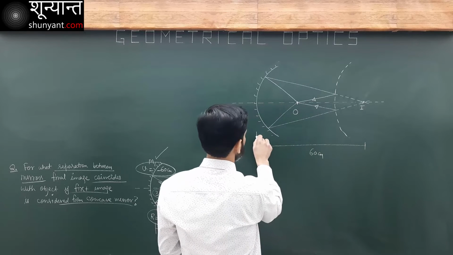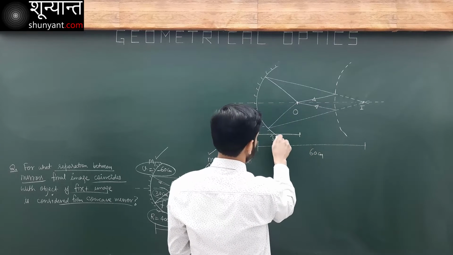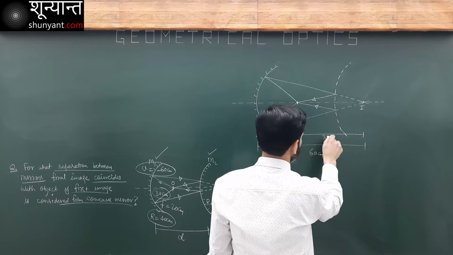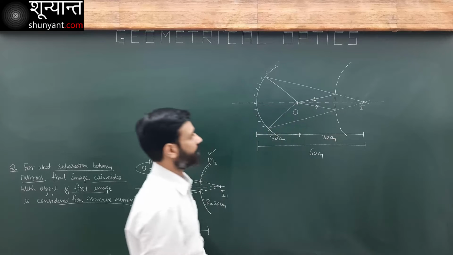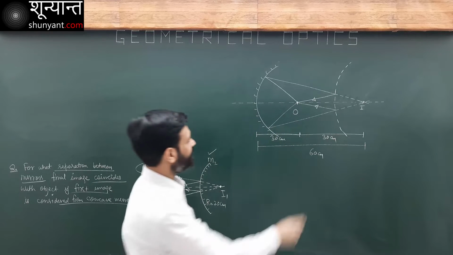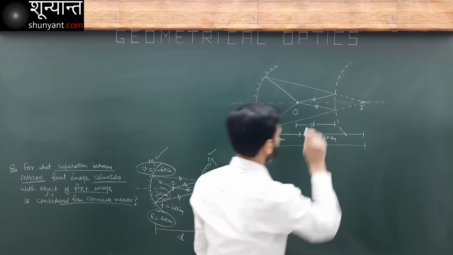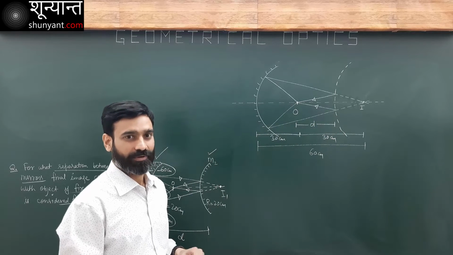This distance is 30 centimeter. That means this distance is 30 centimeter. Let's say that this is D. D I want to find out.